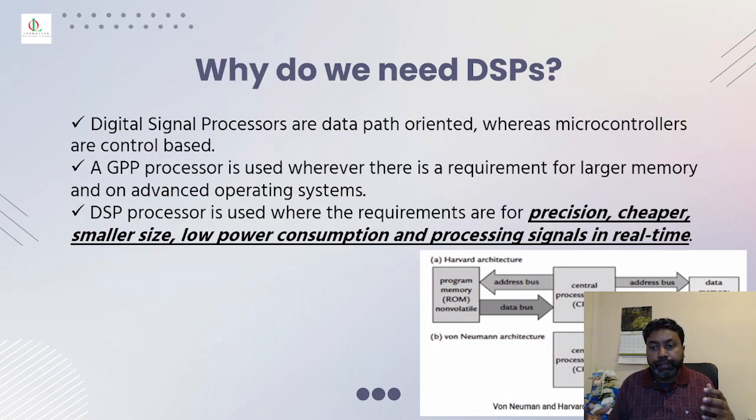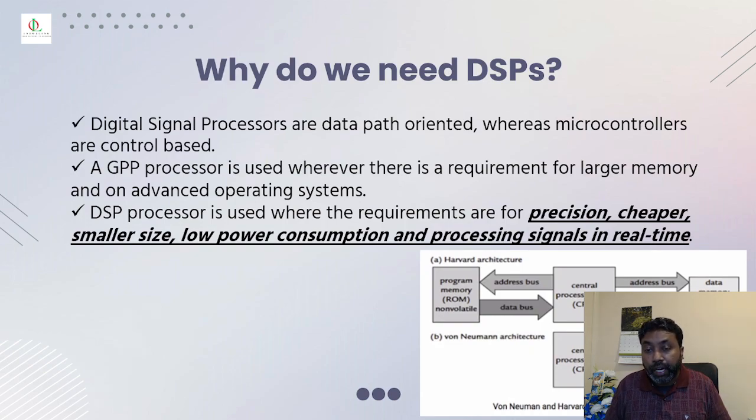The CPU is connected to the program memory and the data memory on separate buses, each with its own address bus and data bus. What is advantageous is that in any one instruction, you can access both program memory and data memory, which is really handy when you work on complex, large projects.